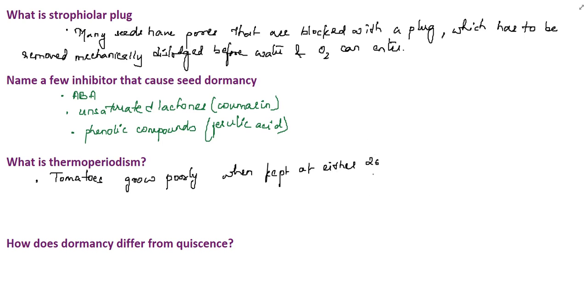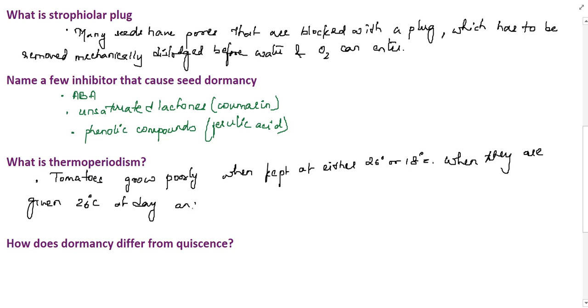But when the condition is changed, under alternating temperatures, when they are given 26 degrees centigrade at day and 18 degrees centigrade at night, this condition causes vigorous growth and maximum production. So this is the temperature effect.